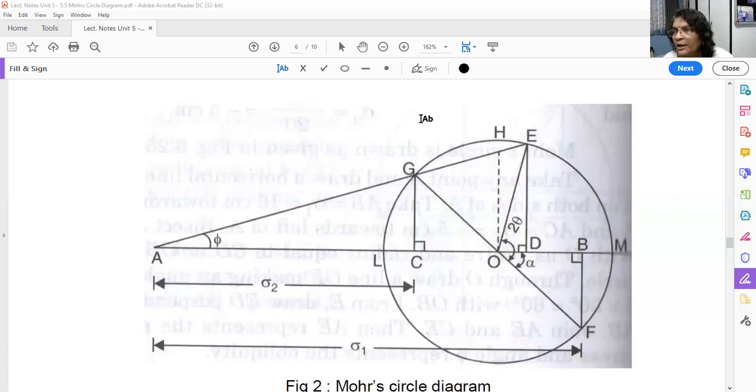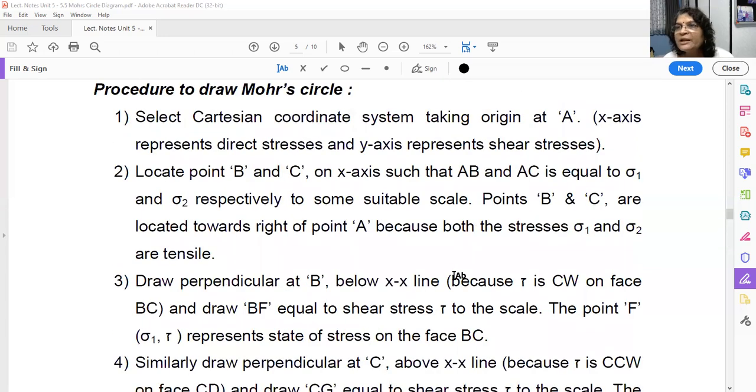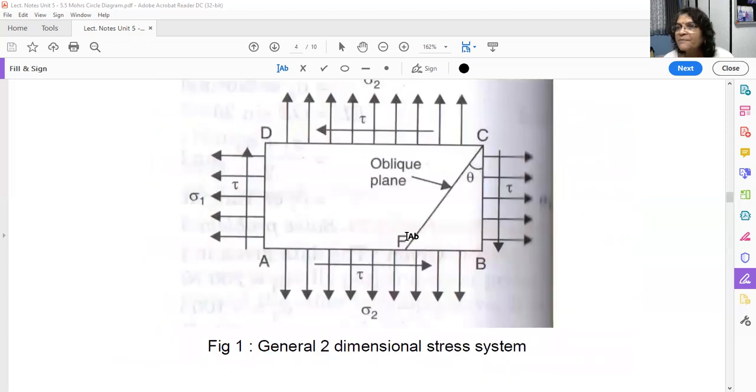Once you draw this circle, call the farthest point M, and the nearest point where it intersects the x-axis, L. We'll see its interpretation later on. Now, what is our aim? Basically, we have to find the stresses acting on this face FC.